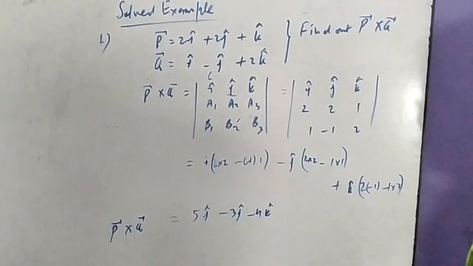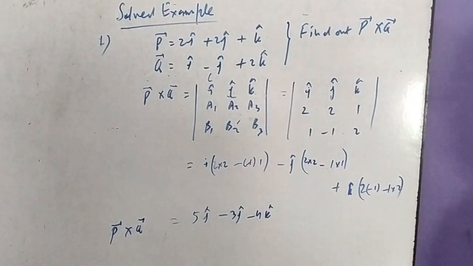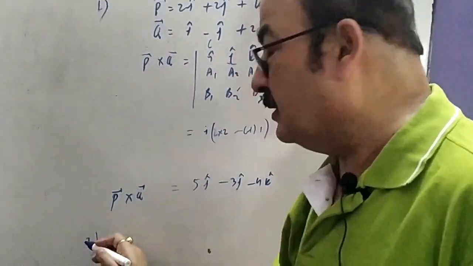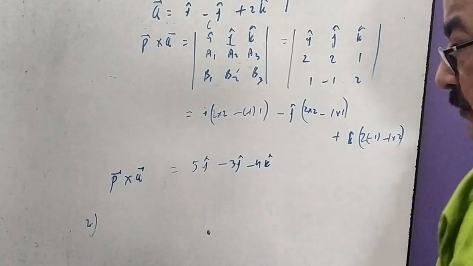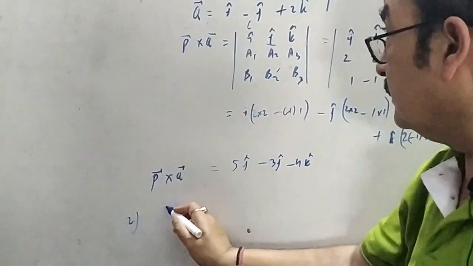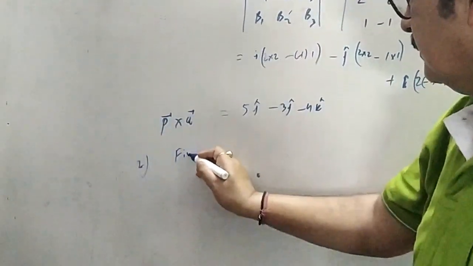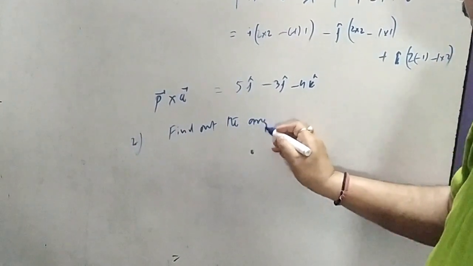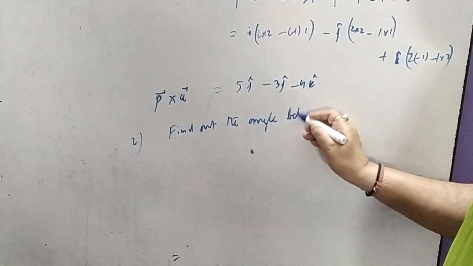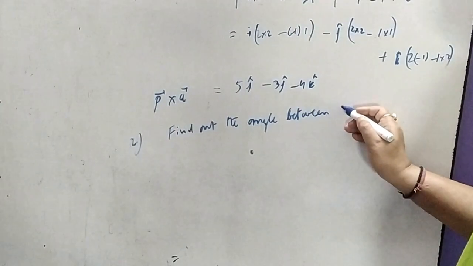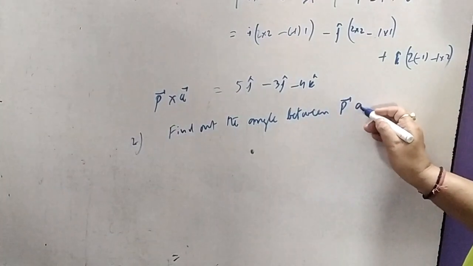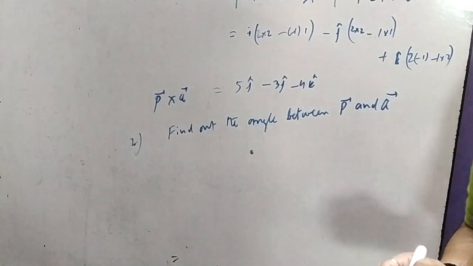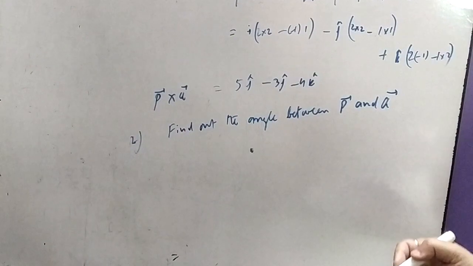Okay. Now in the same example, example 2, you have to find out the angle between P and Q. Angle between P and Q. That much you have to find out.